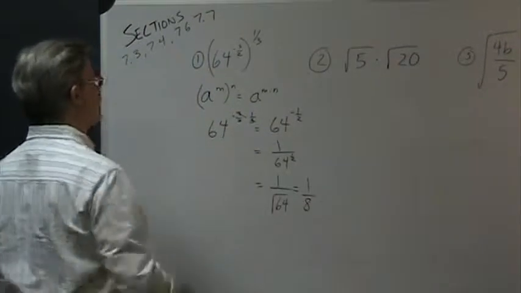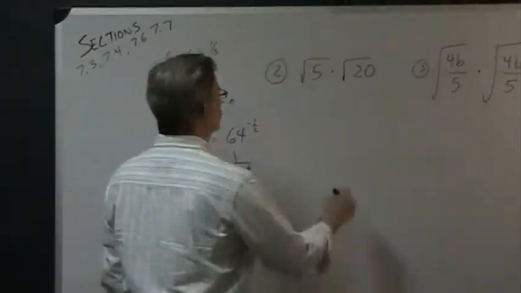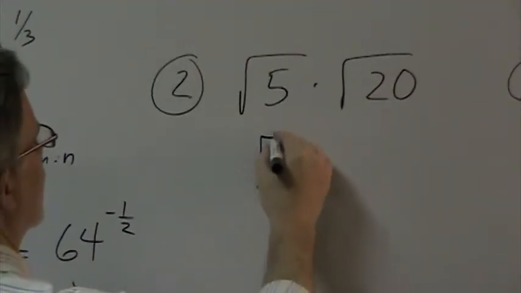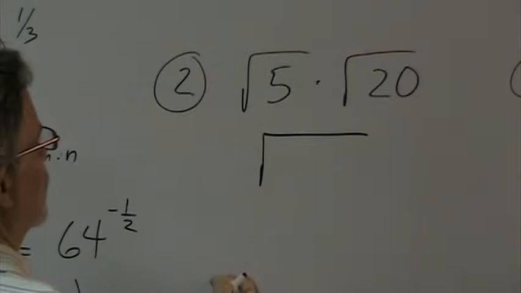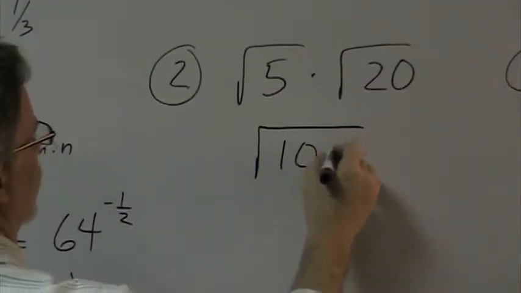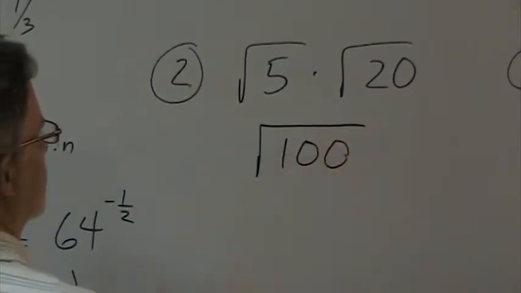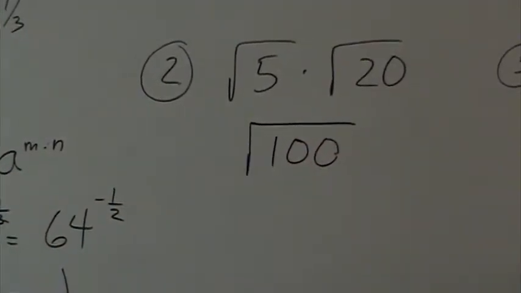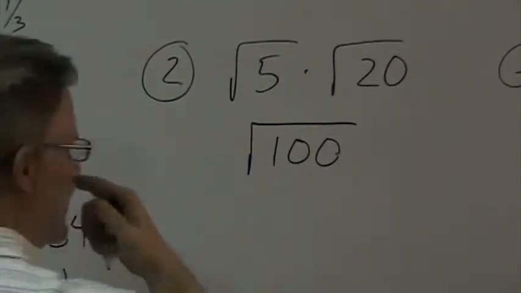So, looking again at number 2. You have the square root of 5 times the square root of 20. We can put all of this under the same square root, and that would give you the square root of 100. Well, we want to be able to eliminate the square root altogether.